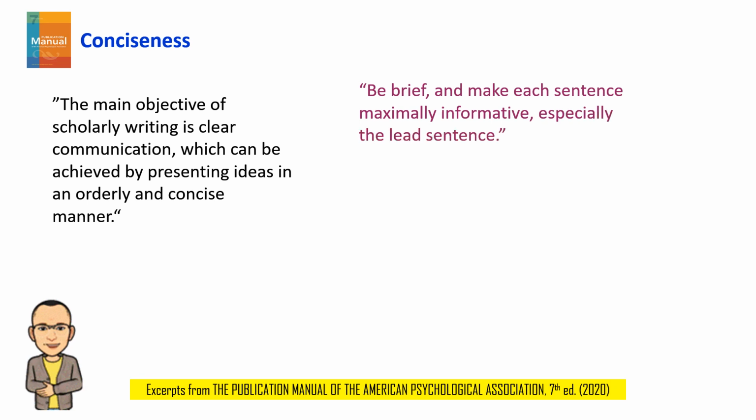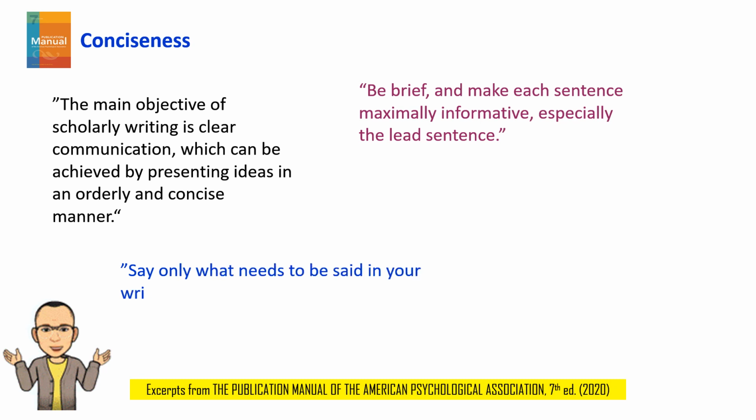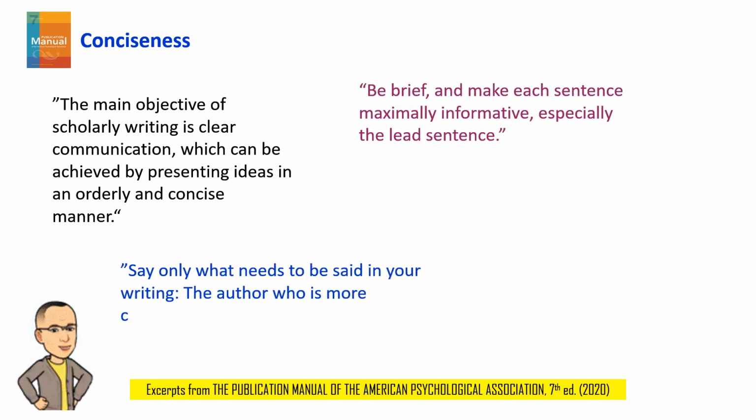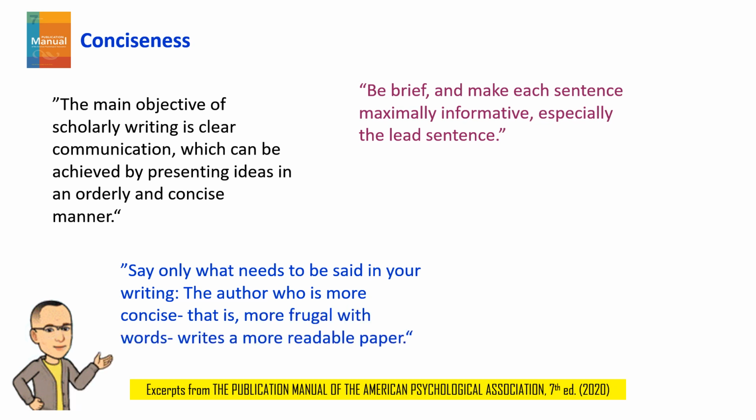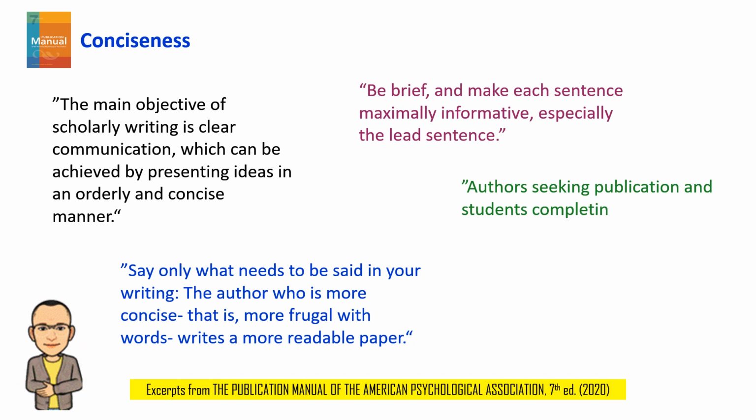It is emphasized that one should say only what needs to be said in your writing. The author who is more concise, that is, more frugal with words, writes a more readable paper. Furthermore, it's noted that authors seeking publication and students completing assignments increase their chances of success when they write concisely.